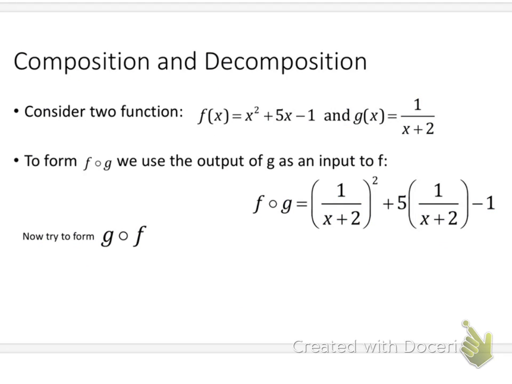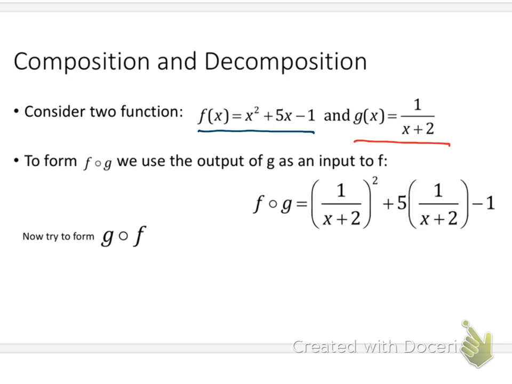Okay, here's a second opportunity to practice doing compositions. So consider these two functions, a little bit more complicated than my previous example. Here's our f of x, and here is our g of x. So if you're going to form f circle g, we use the output of g as an input to f.